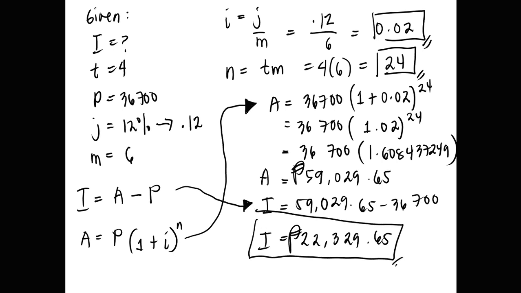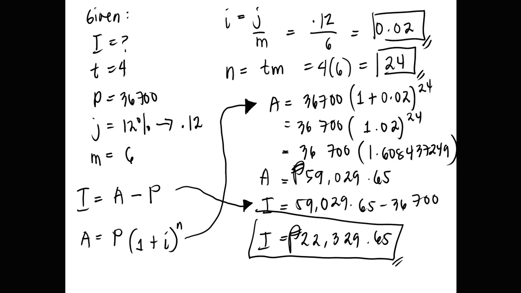Okay? So, ibig sabihin po, if nag-loan or nag-invest ka ng 36,700 pesos with 12% nominal interest rate for 4 years and then compounded by monthly, your interest will be 22,329 pesos and 65 centavos.